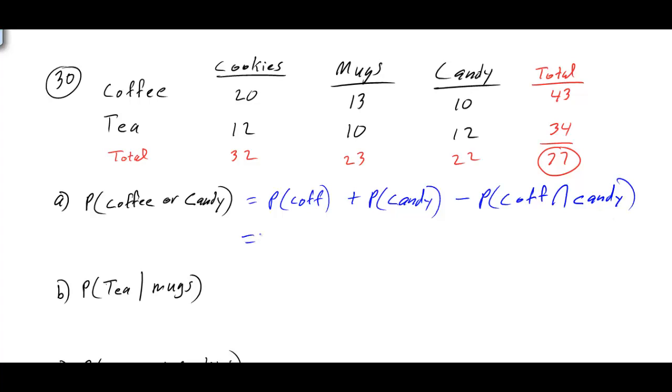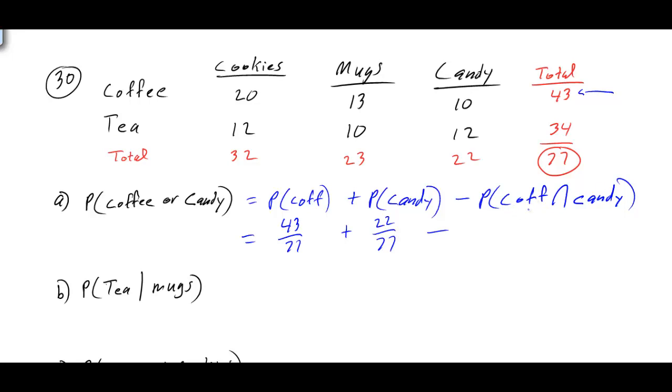If we look here at coffee, there's 20, 13, and 10, so the total here would be 43, and that's out of a total of 77, plus the probability of candy. Looking at candy, the probability would be 22 out of 77.